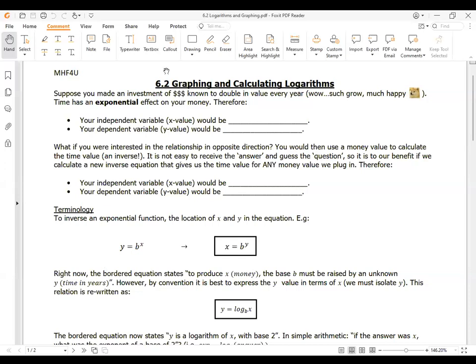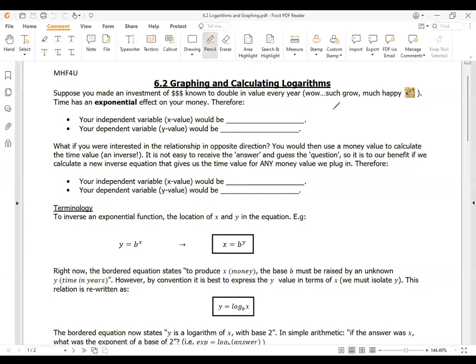A little bit better. So again, to continue off of yesterday's conversation, remember if we did have a graph, suppose you made an investment of money knowing it will double in value every year, which obviously doesn't work that way. But if it did, wouldn't that be amazing? And now here it is.